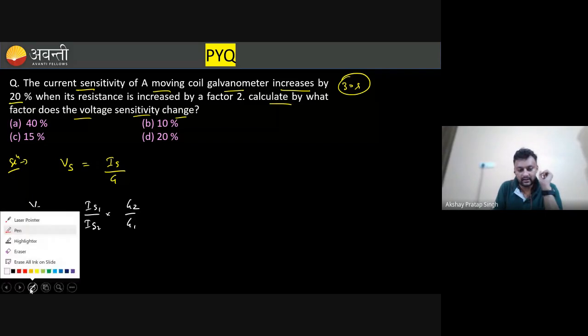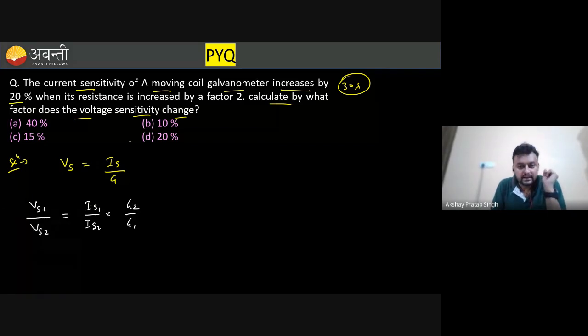Now, they are saying current sensitivity increases by 20%. That means initially, if it was 100, then finally it has become 120, because it increased by 20. Is it clear? Now, they are saying that resistance is increased by a factor of 2. Let's suppose the initial resistance G1 is 1, then the final resistance is 2.